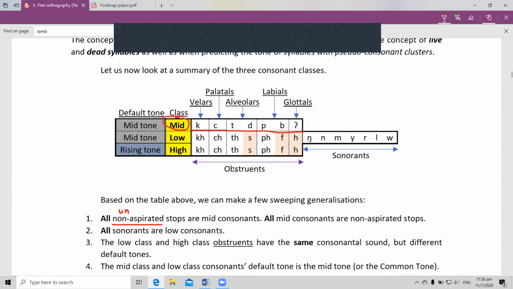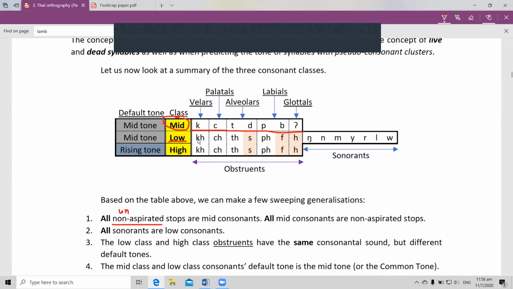Next, the sonorants here are all low-class consonants. If we look at these two rows of obstruents, for the low class we have these sounds, and for the high class we also have these sounds. Those with a beige color at the back are the fricatives. Those in white are the stops.